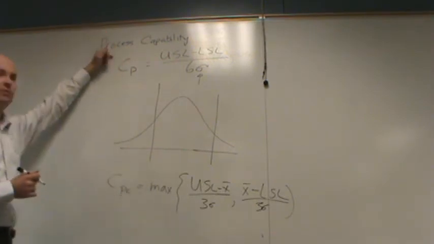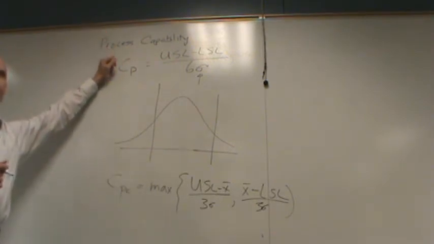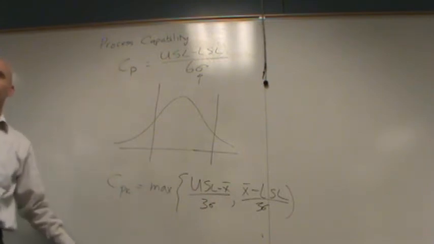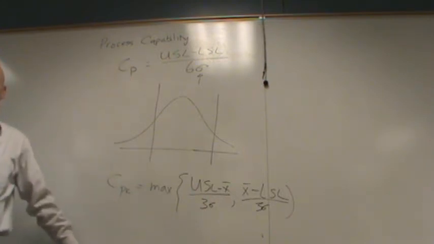So before I do that, is everybody comfortable on how to calculate these 2 equations? Everyone, what is the difference between CP and CPK? Yes, thank you for pointing that out, Brian. Right, so CP makes the assumption that your process is perfectly centered.